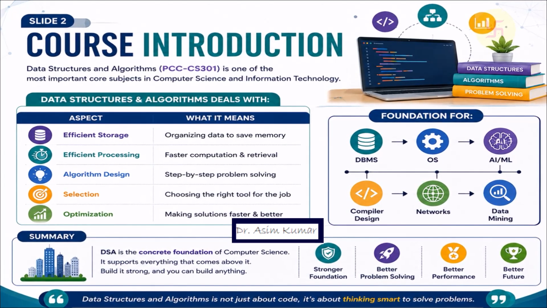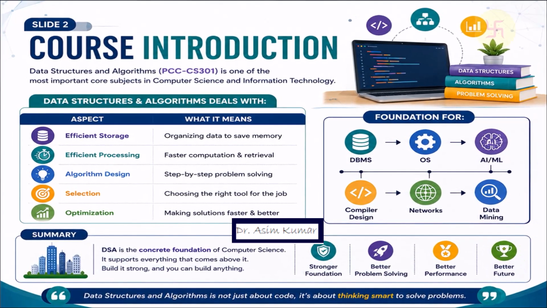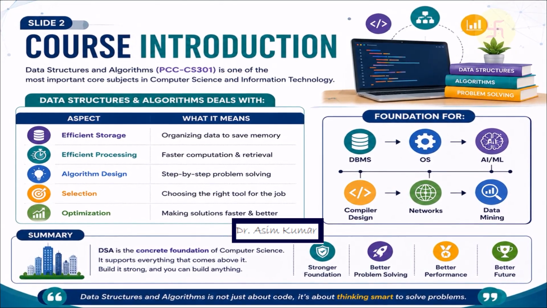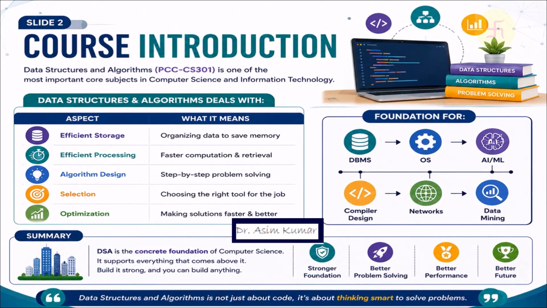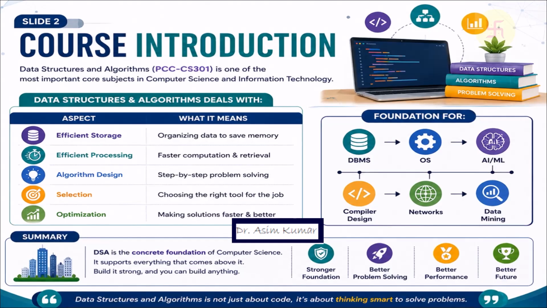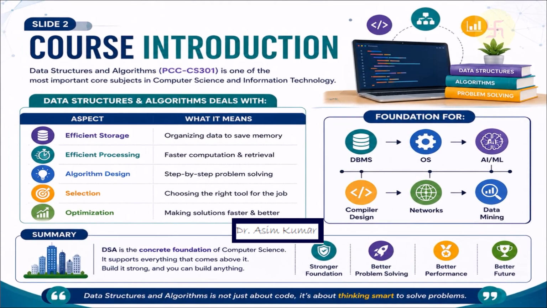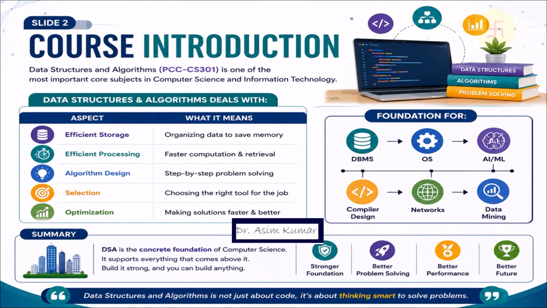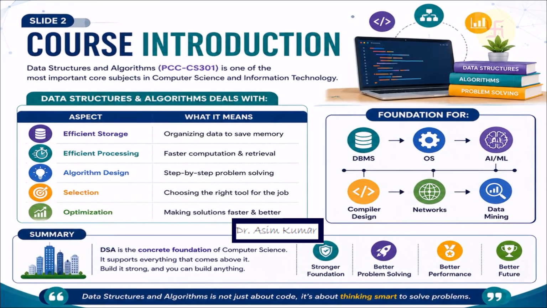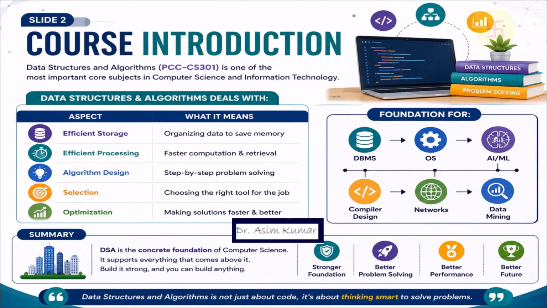As you can see, DSA is all about organizing data, designing algorithms, choosing the right approach, and improving performance. That is why DSA forms the foundation of subjects like DBMS, operating systems, AI and ML, networks, compiler design, and data mining.